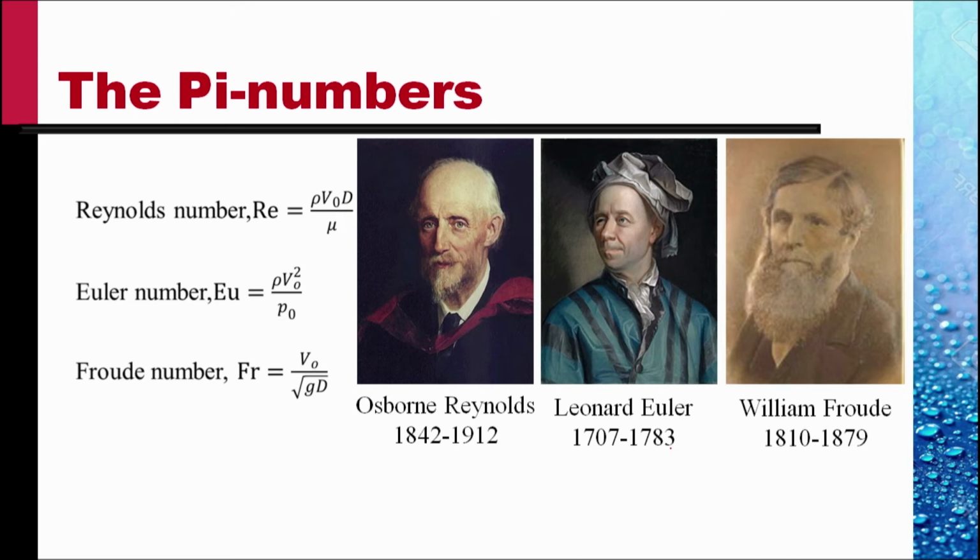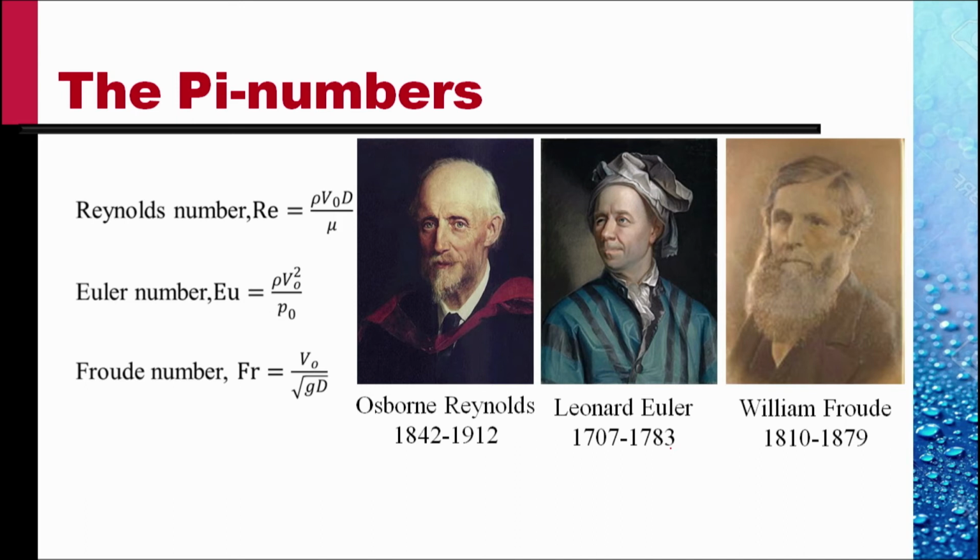These 3 pi numbers that we obtained in a previous slide have been given names. In fact, we name all such pi numbers after great scientists who have made contributions in that field.